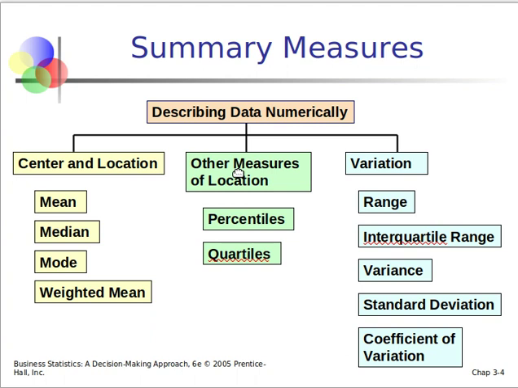For other measures of location, alternate methods of measures of location of the center of the data set, we could use percentile ranks as well as quartile ranks. And for the variation, we need to know about the range, the interquartile range, variance, standard deviation, and the coefficient of variation.